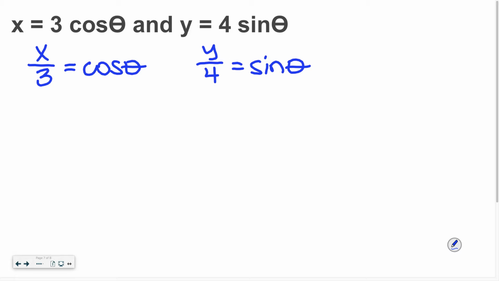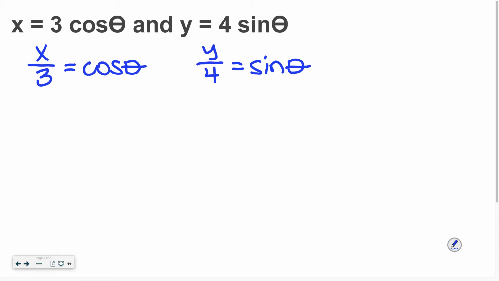It's really too bad we don't have an identity that relates cosine and sine together. Oh, yeah. What is it, Max? It's that one tangent. Well, I don't see a tangent up there. I just see sine and cosine. But that equals tangent.